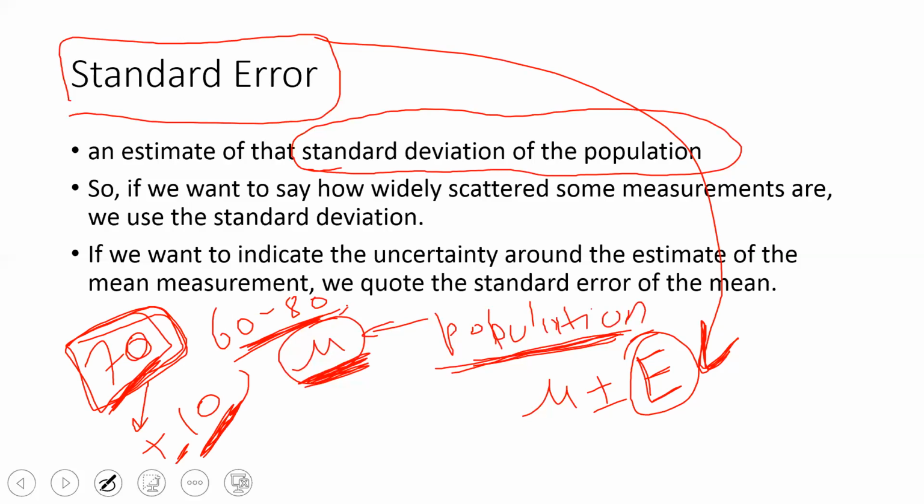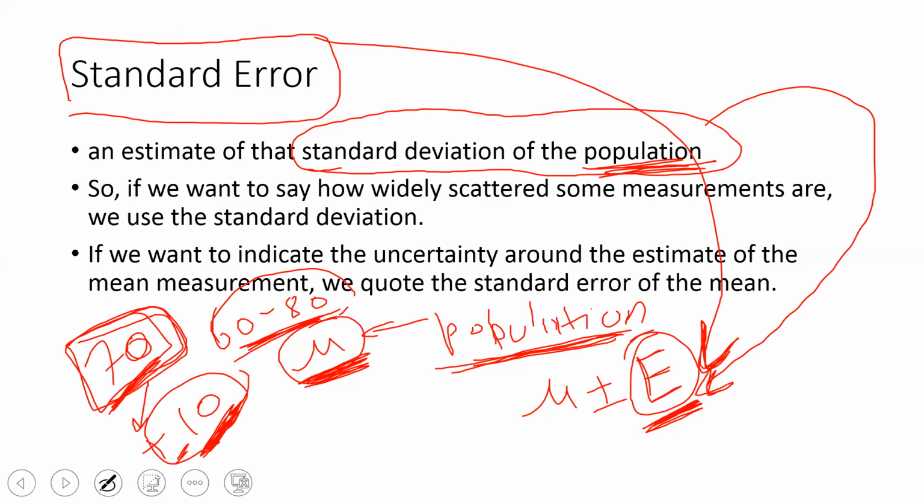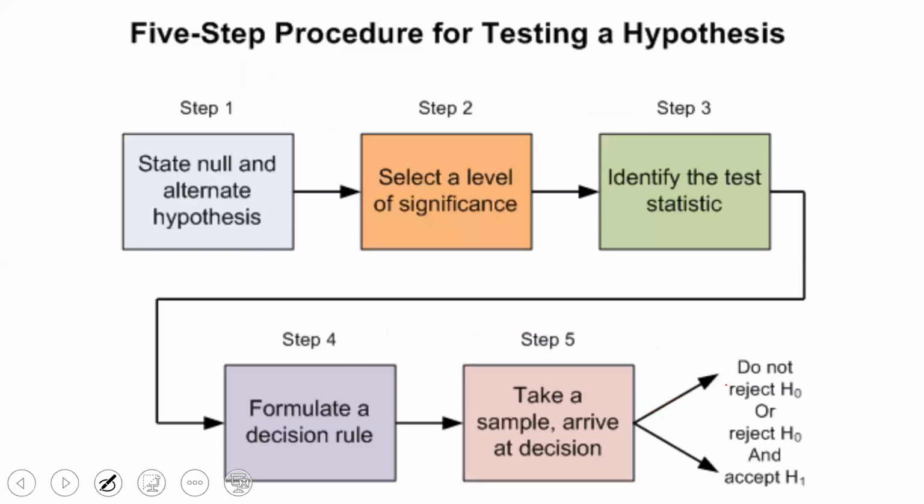So here plus minus 10 is my standard error. This is known as the standard error when I'm finding the error with respect to my population.